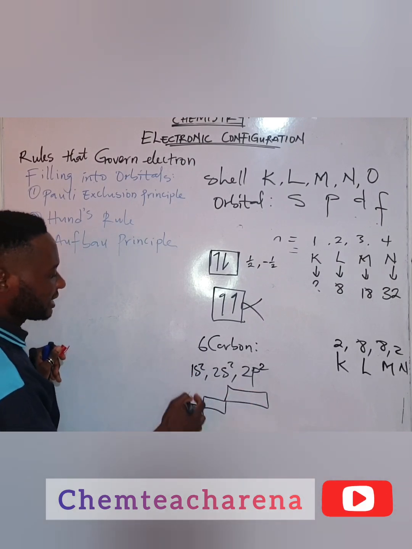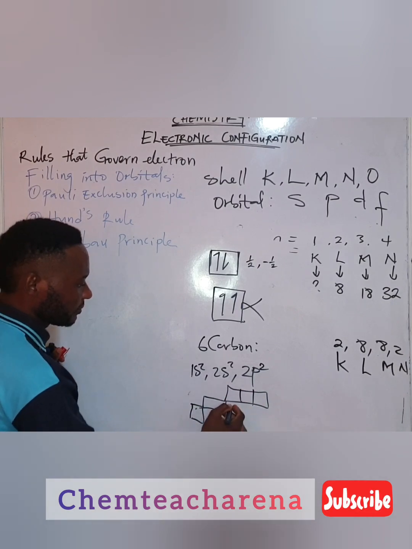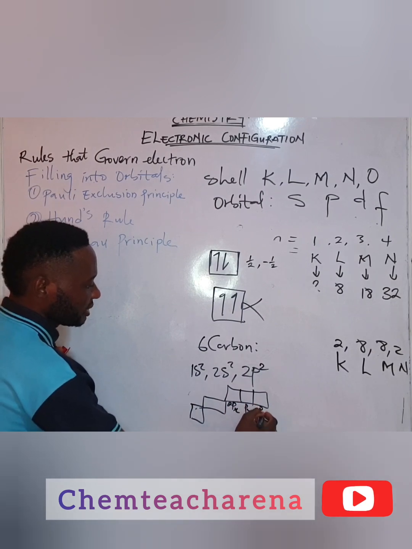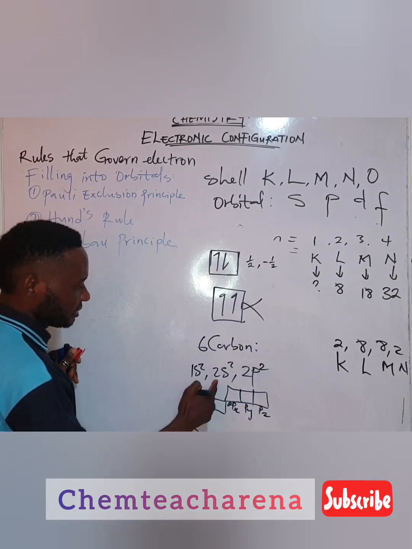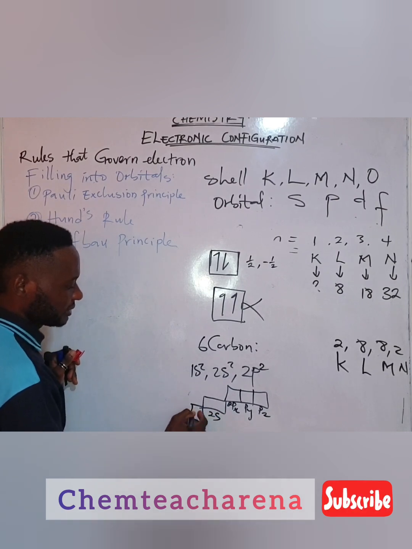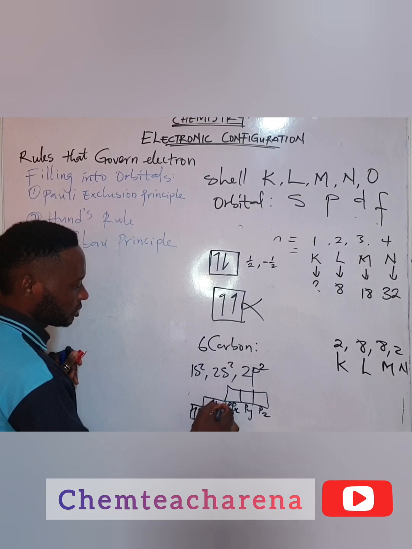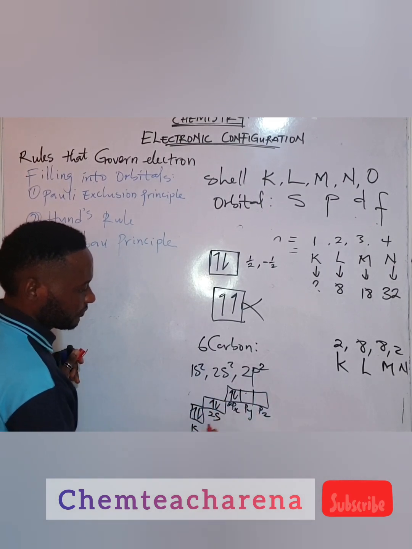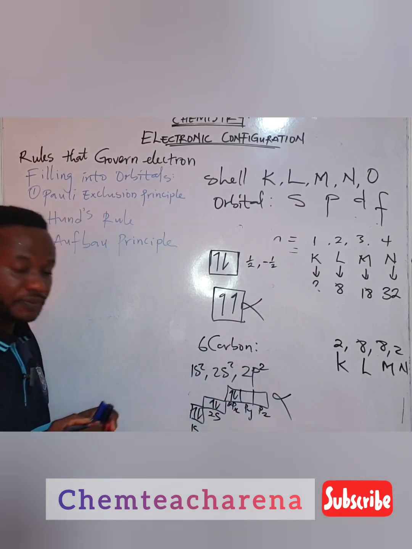now if I fill it like this, you know this is 2px, 2py, and 2pz. Now this is my 1s, this is my 2s, and I fill this 1, 2. I fill this 1, 2. I fill this 1, 2. I fill this. How many is left? Finish, right? 2, 4, 6. This is wrong.